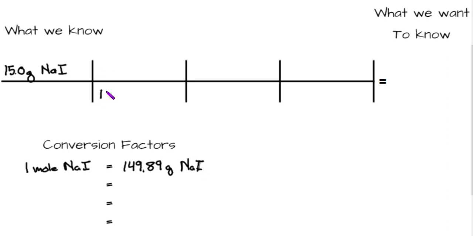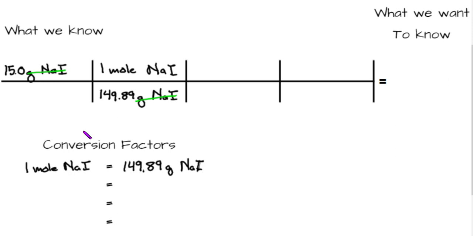And so I'm going to put 149.89 grams of sodium iodate in the denominator, and 1 mole of sodium iodate, so that grams cancels with grams, leaving me with moles.